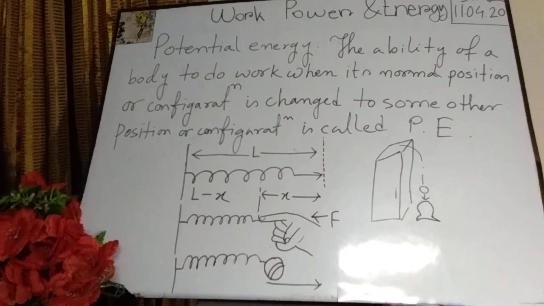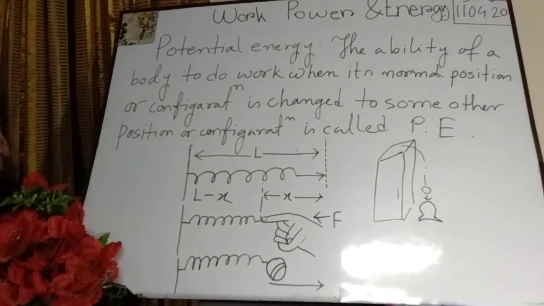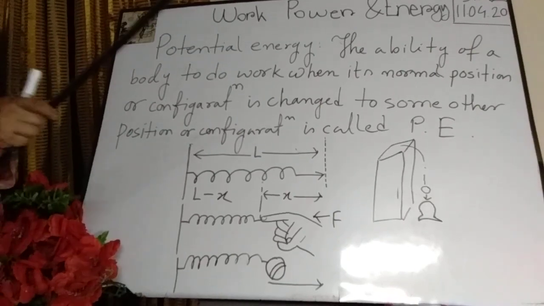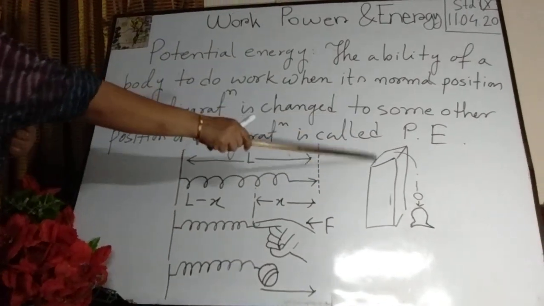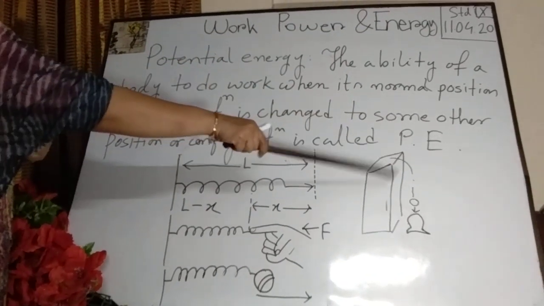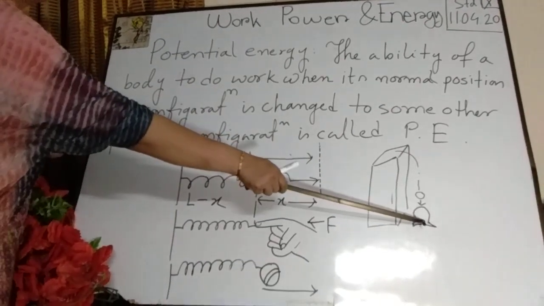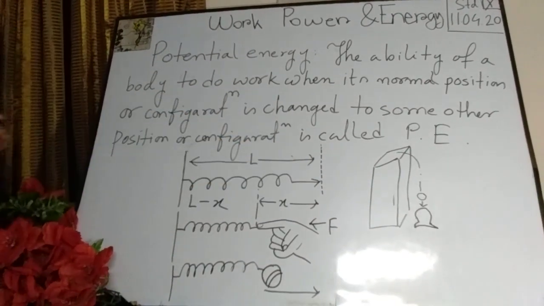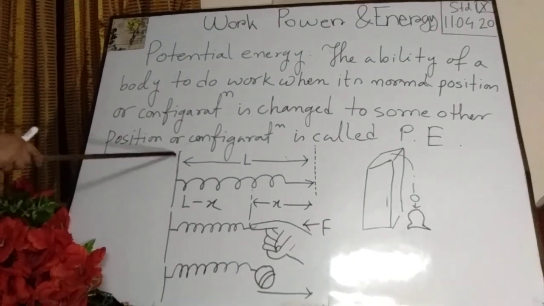The energy was stored in the stone because it is above the ground. That means when the stone is taken to the roof, that time potential energy will be stored in it, and when it falls down, by using that potential energy, it can break the object that is kept on the ground. Do you understand everybody?